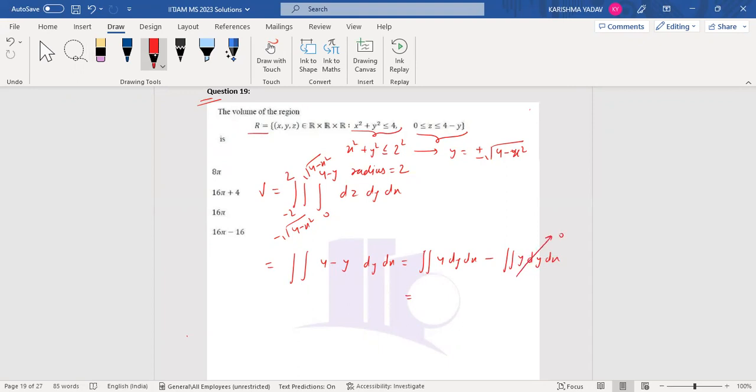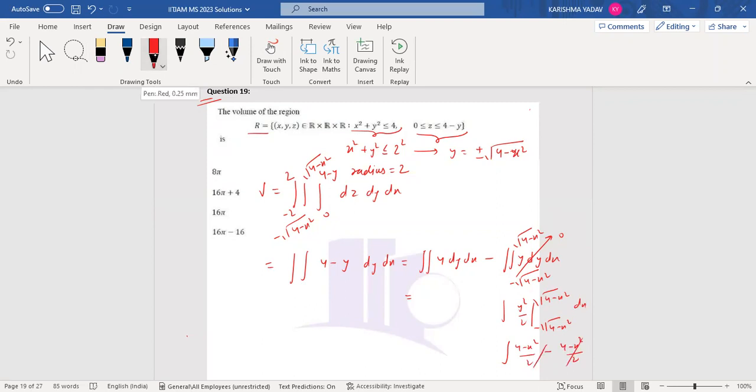The limit for y is −√(4 − x²) to √(4 − x²). If we solve this, it will be y²/2 from −√(4 − x²) to √(4 − x²) dx. By substituting the values, we get (4 − x²)/2 minus (4 − x²)/2. That will cancel out and this integration will go to 0.